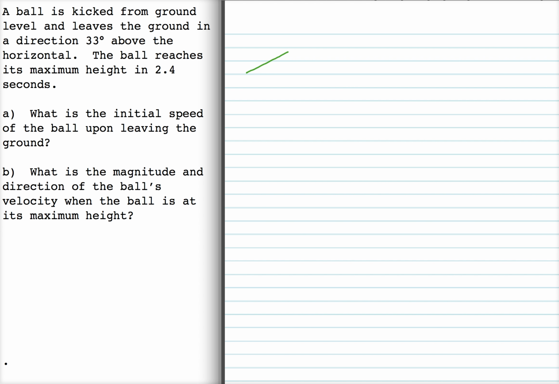So the ball takes off and it has an initial velocity that is 33 degrees above the horizontal, but we don't know what v0 is. Flies through the air, and reaches some maximum height, y max.